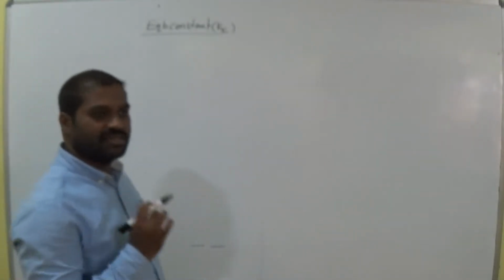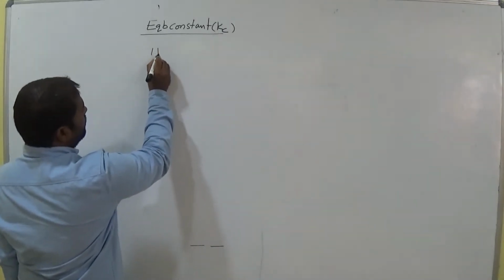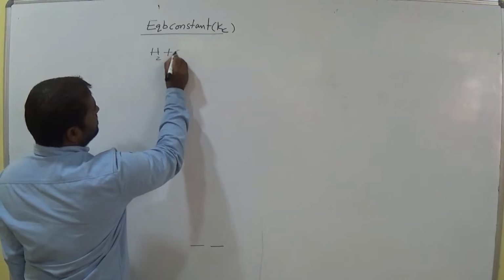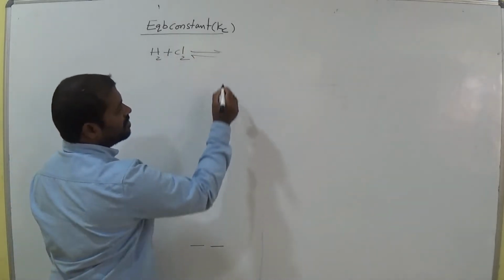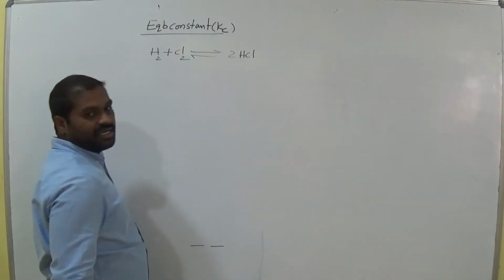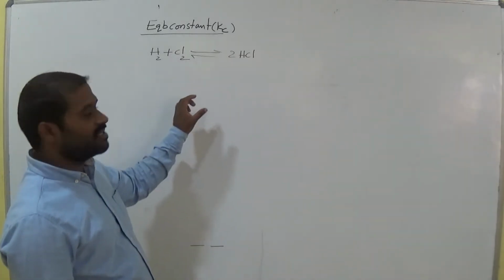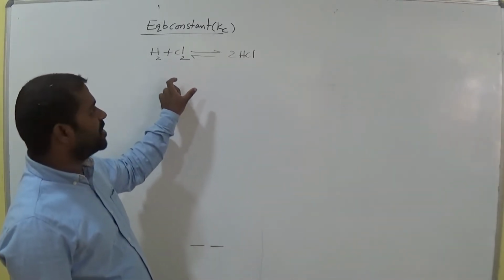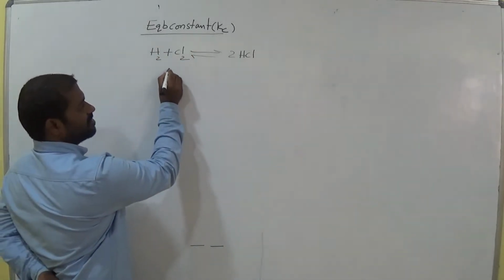So, how can you write the equilibrium constant for a reversible reaction? For example, H2 plus Cl2 is reversible to HCl. It is a reversible reaction. Now I would like to write an expression for equilibrium constant Kc.